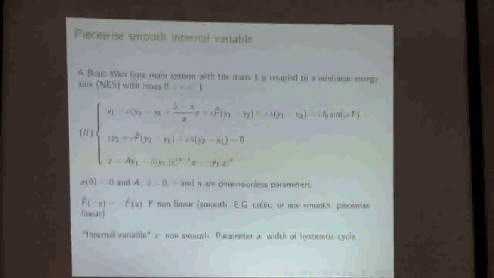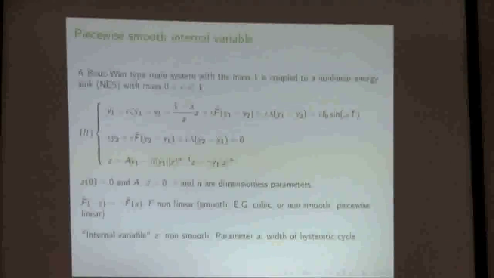Now the second case I will consider, and it is that case where I have distinguished several cases. It is a Bouc-Wen model coupled to an NES. So the Bouc-Wen model is the first equation and third equation, and Z in some sense is a kind of internal variable. And you see that the Bouc-Wen model depends on A, beta, gamma, and the exponent n.